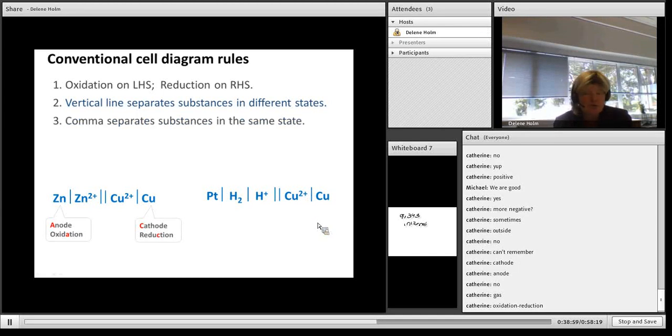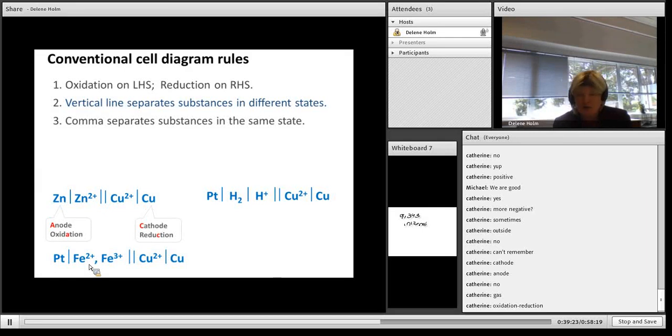If we have two things in the same state, so we haven't had an example of that yet because we've had bromide to bromine, although you can get bromine water, so that's an aqueous as well. But take this example where I've got, say, iron 2 plus going to iron 3 plus. So I'm oxidizing Fe2 plus.